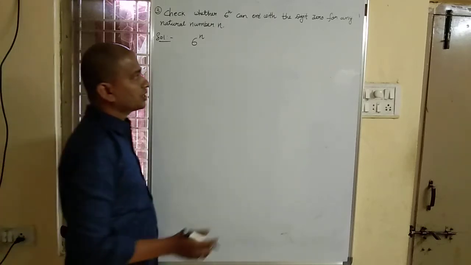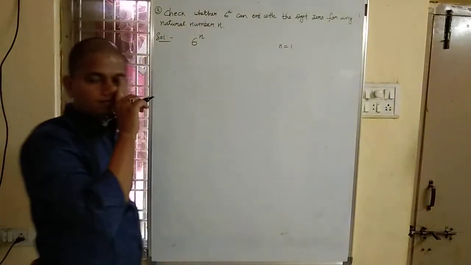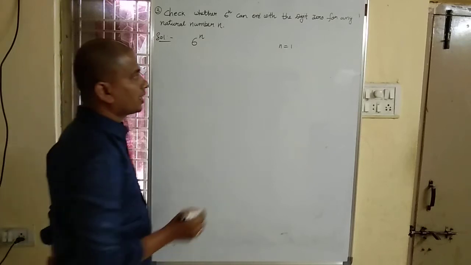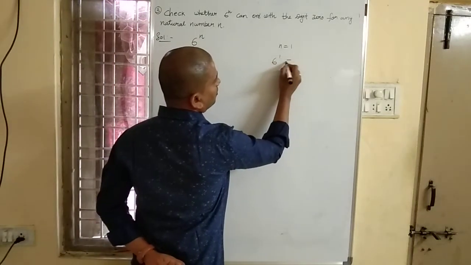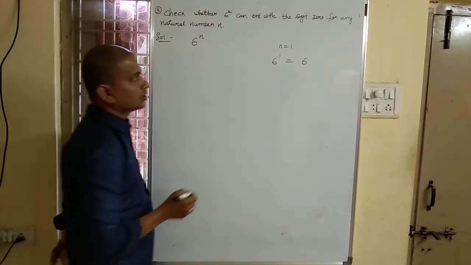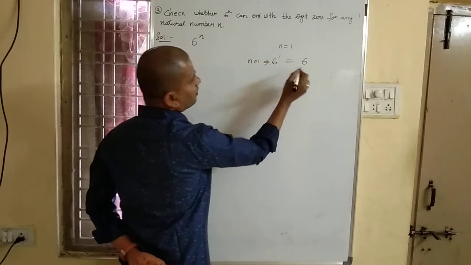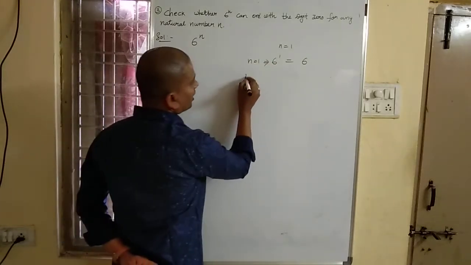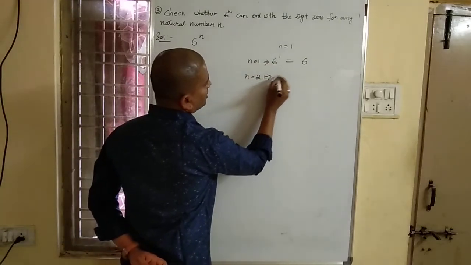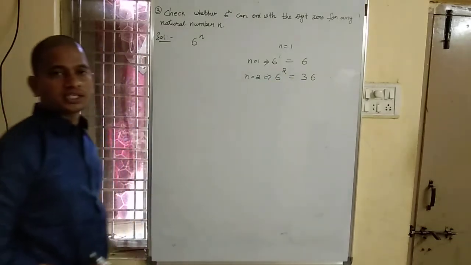First, understand the question. If I take n equal to 1, I mean 6 power 1, which is equal to 6 only. If I take n equal to 2, that is 6 square, 6 into 6, 36.